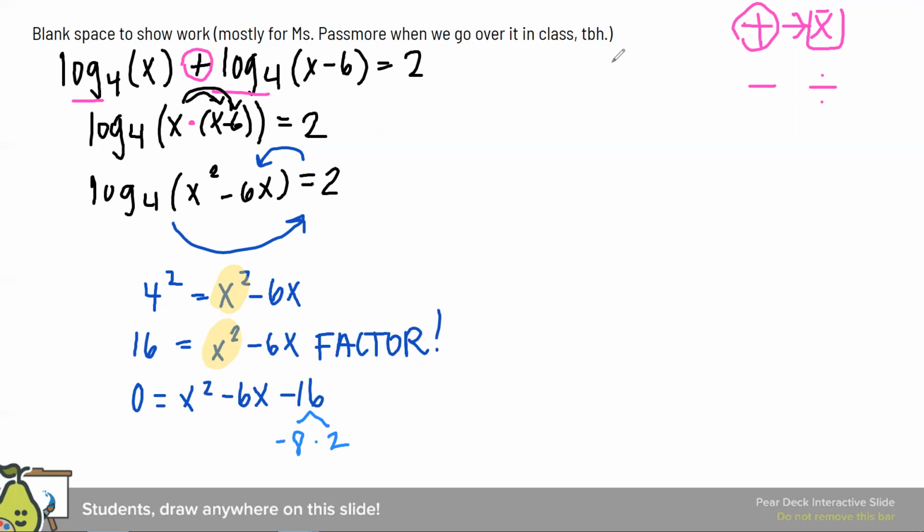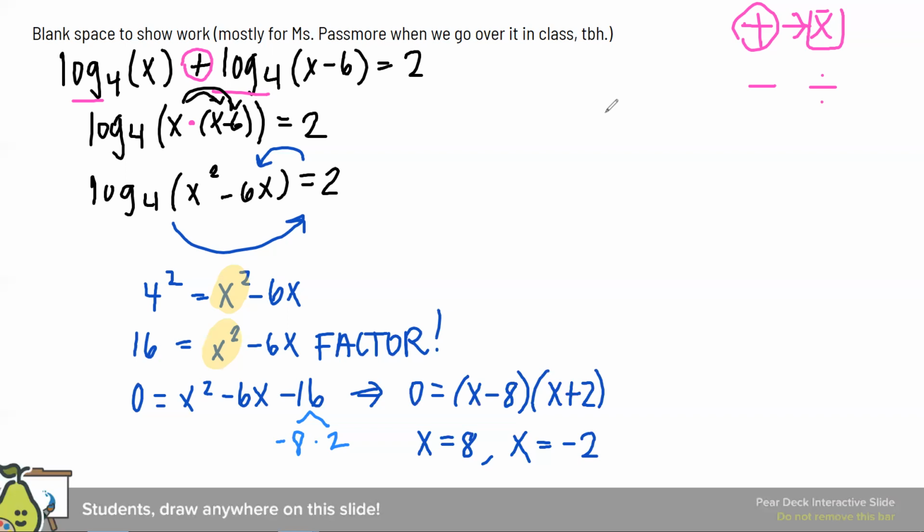So if I factor this expression, it becomes 0 equals x minus 8 times x plus 2. These two expressions are equivalent. And by the zero product property, setting each factor equal to 0, you get x is equal to 8 and x is equal to negative 2.